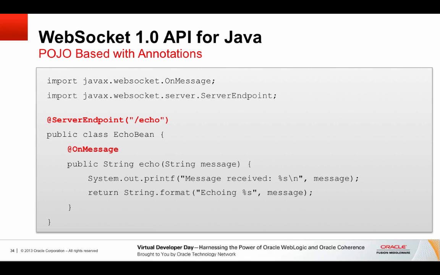So what happens is once this class is registered with the WebSocket runtime, it's been accessed by a client. As messages come through, they're routed through to the method which I've annotated with @OnMessage. And by returning a string, the WebSocket runtime will actually send that back to the client. So that's how I send that response back. You can see again, very simple, annotation based, able to handle different lifecycle events for OnOpen, OnClose, OnMessage, etc.